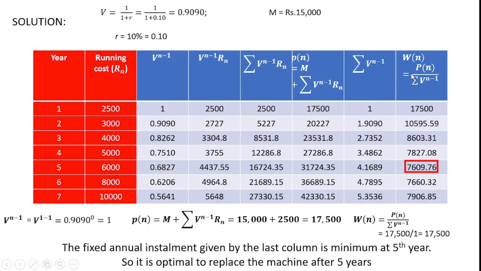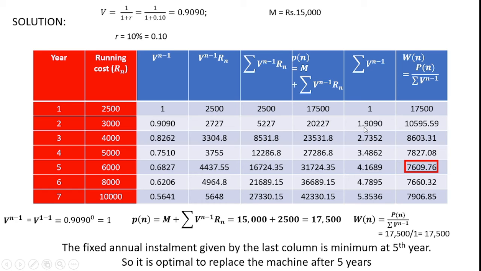For the first year, P of n is 17,500 and the corresponding summation of v power n minus 1 is 1. So 17,500 divided by 1 gives 17,500.